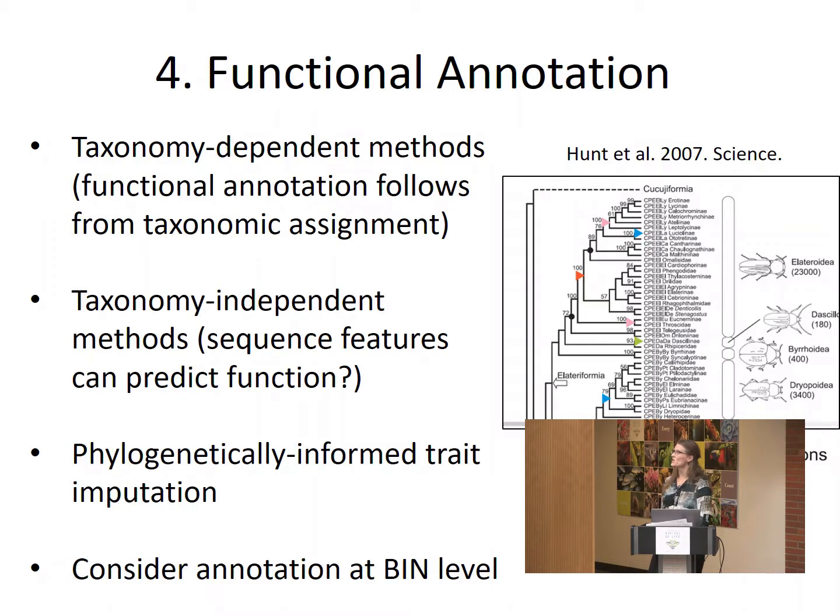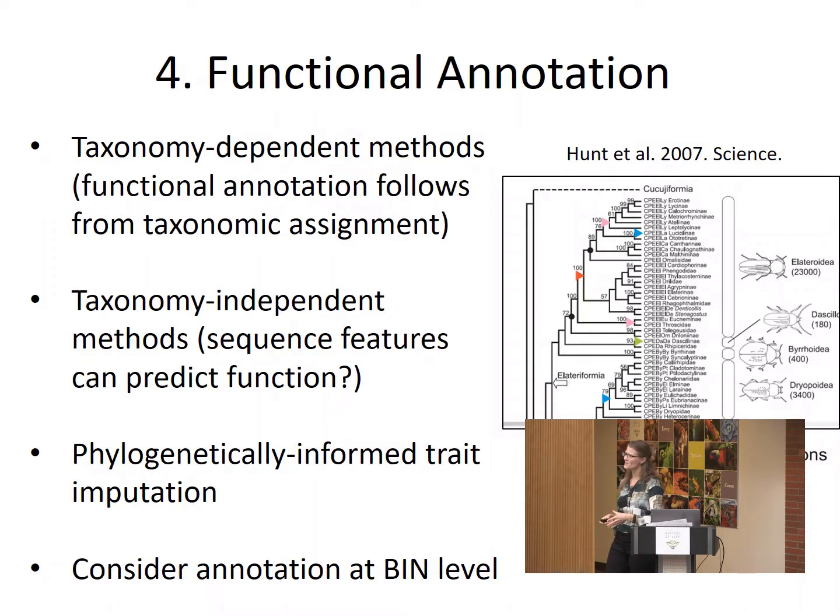So then we come to functional annotation, which I think is a really interesting area with a lot of potential. So we're planning to explore a few different approaches, some that are dependent on taxonomy, where if a sequence gets, say, a family level ID, then the functional annotation to a certain level would follow that taxonomic identification.